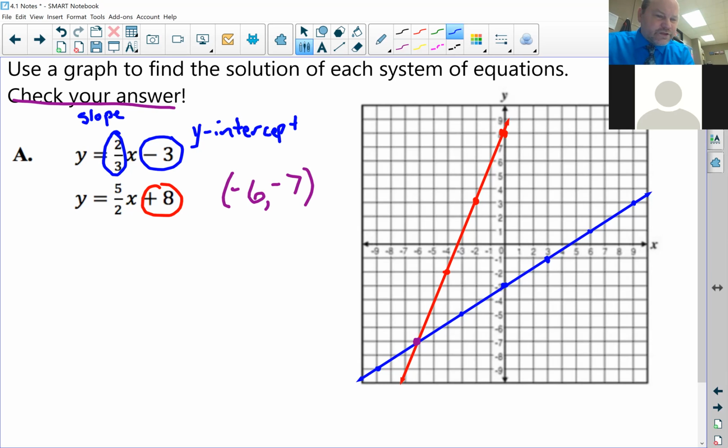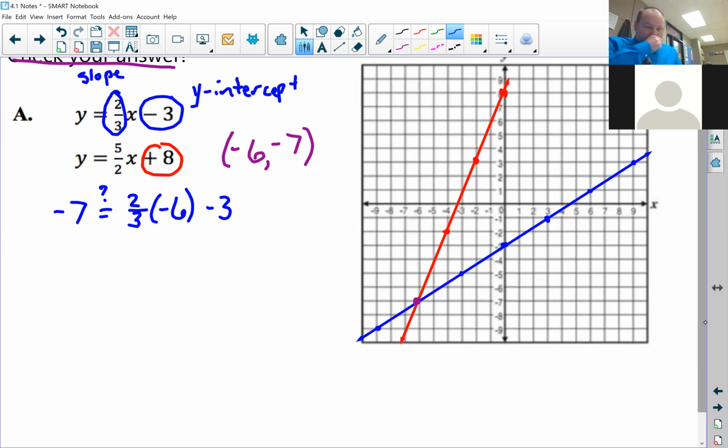If I use my first equation, -7 is my y value. I like to put a question mark over my equal sign when I'm checking, because I'm not sure yet if they're equal or not. So the left side is -7.